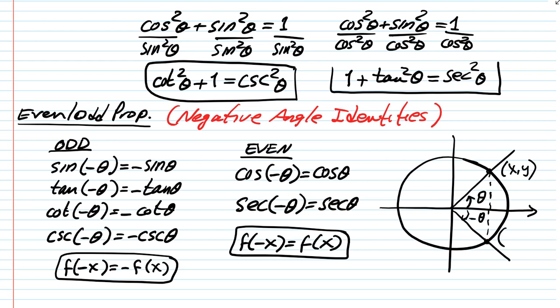The coordinates of this point, because it's in the fourth quadrant and by symmetry, is also x, but this y is negative y, correct? And if I think about the first component as cosine, second component as sine, you can see that whether angle theta is positive or negative, it has the same x. But then we said x is cosine, y is sine. So you can see that cosine of a negative angle is the same as cosine of a positive angle. And similarly, you can do this for the odd ones. Okay.